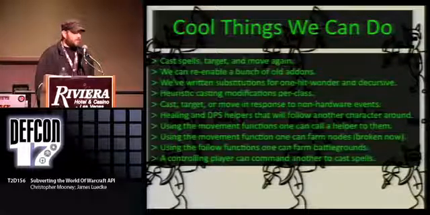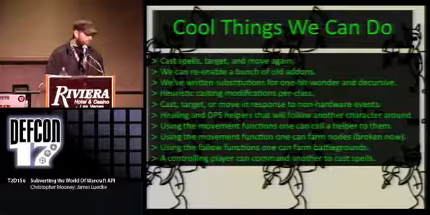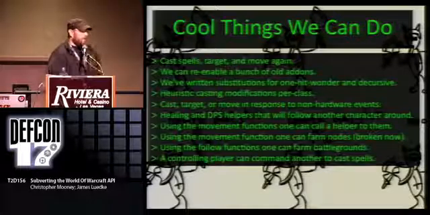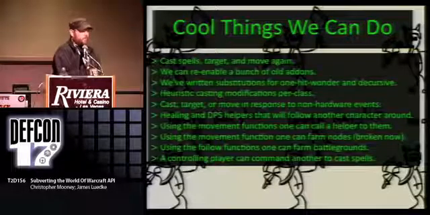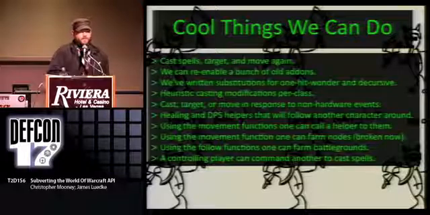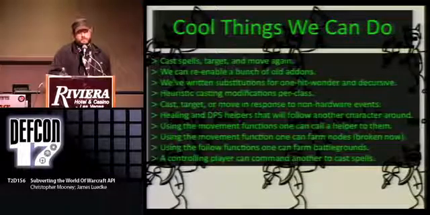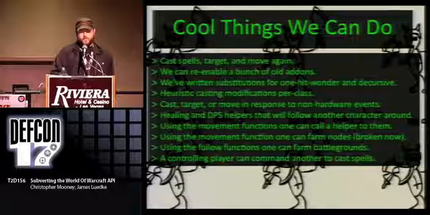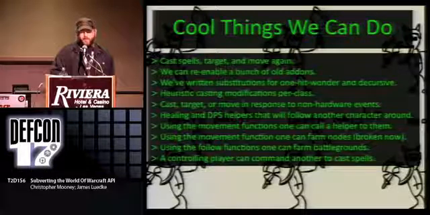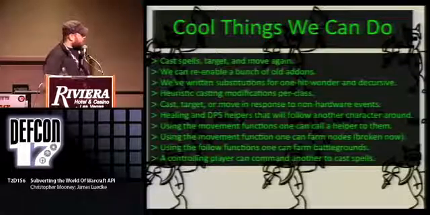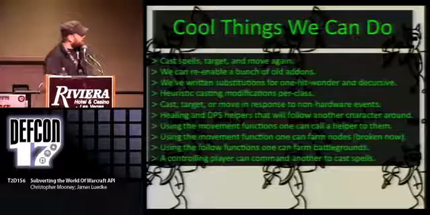So even in the pre-2.0 days, you couldn't target or cast spells in response to an in-game event. It had to be a hardware button press that triggered that cast spell by name function. That's no longer necessary with us.